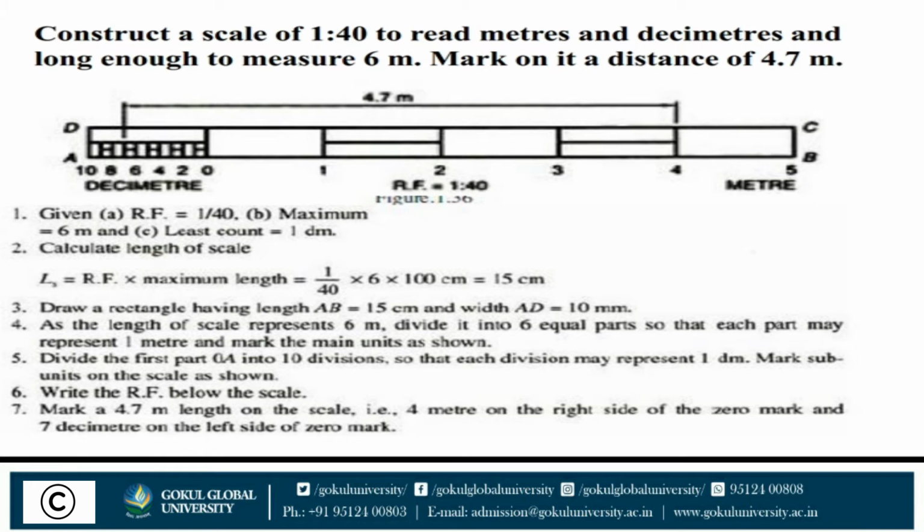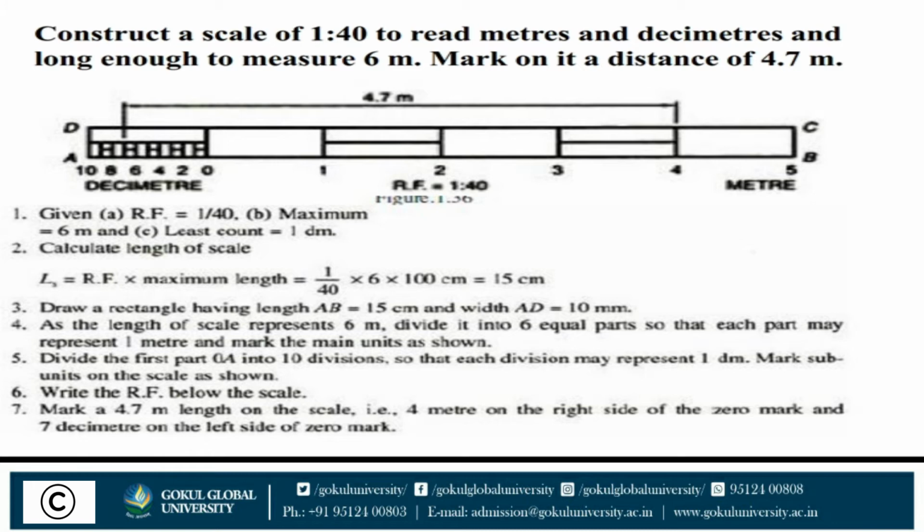Now first, given RF is equal to 1 upon 40, the maximum is equal to 6 m, least count is equal to 1 decimeter. Now calculate the length of scale, means L is equal to RF multiplied by maximum length, is equal to 1 upon 40 multiplied by 6 multiplied by 100 centimeters, is equal to 15 centimeters.